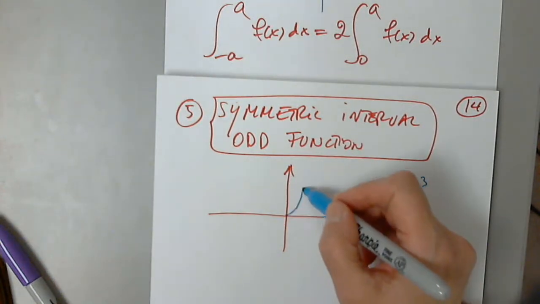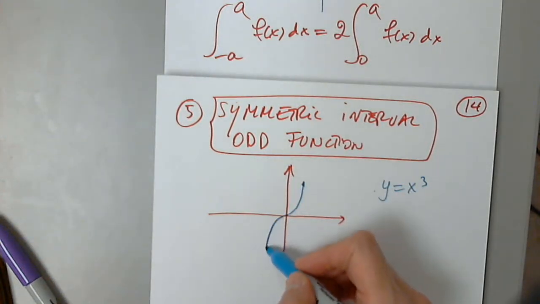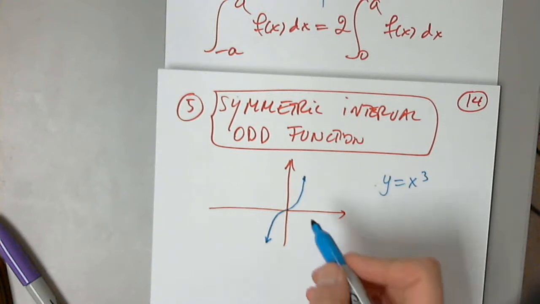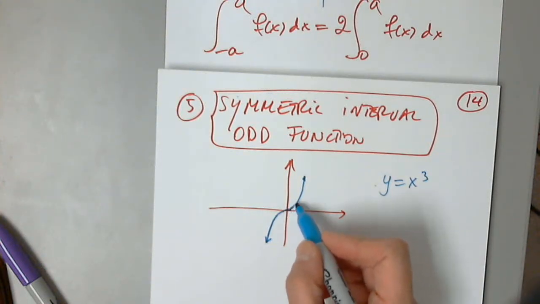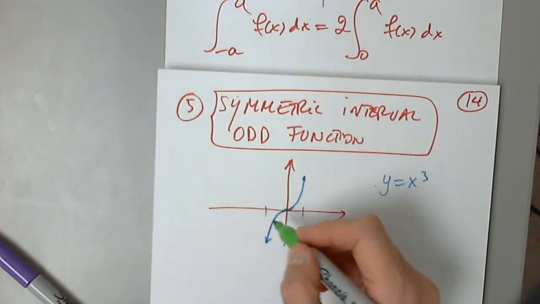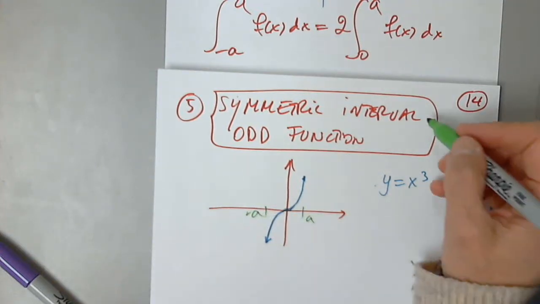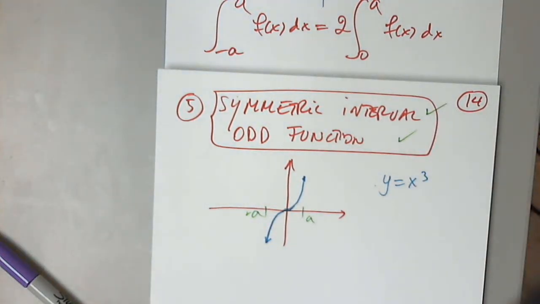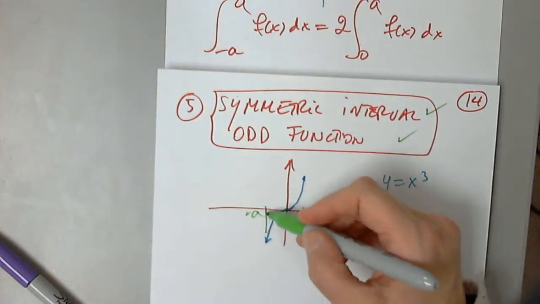Here it is. Very good. So this is x cubed, a little flatter here. Is this an odd function? Yes. I'm going to choose a symmetric interval, of course, -a to a. Both conditions are fulfilled: odd function, symmetric interval, and I want to determine this area.